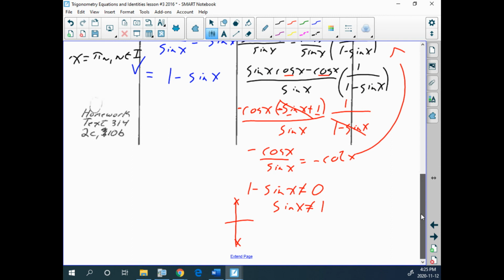Cotangent is undefined where sine is equal to 0, which is here and here. Looking at that, every one of my non-permissible values are pi over 2 units apart. So x cannot equal pi over 2 n, where n is all integers. Now we can also think about this as 0 plus pi over 2n, but I just leave out the zeros.